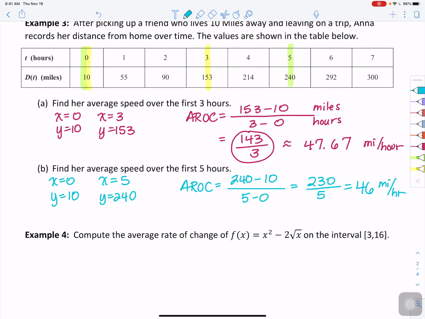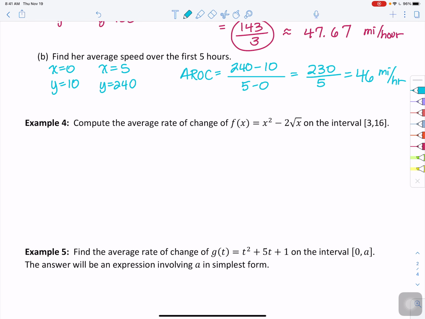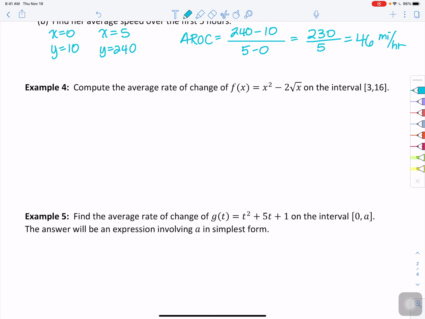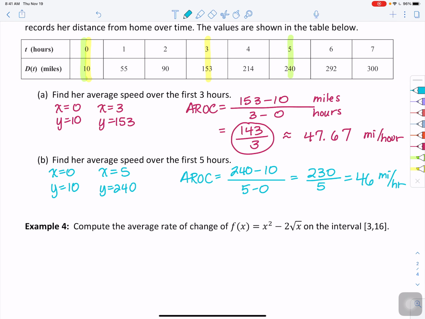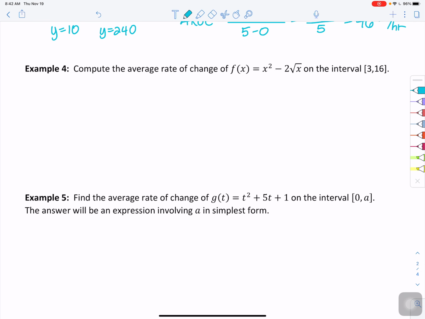So that's another example with numerical. Now we're going to try algebraic. This one seems to be the most challenging because we can't just see these y values in a table. We actually have to find those. So let's go ahead and use our average rate of change equation.